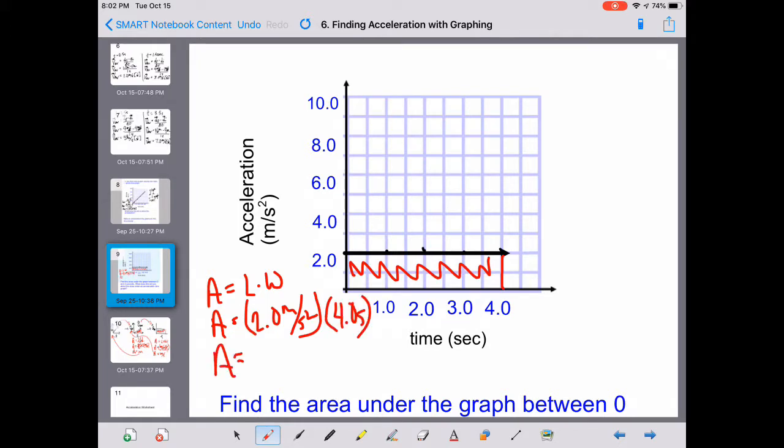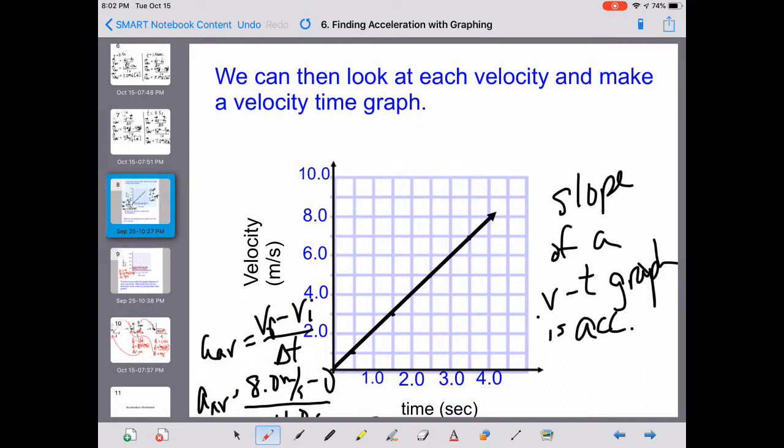The seconds units cancel, right? One with one of them gives us 8 meters per second. That means at 4 seconds, I should be at 8 meters per second. And sure enough, if I go back and look at our graph from before, look at this. At 4 seconds, I'm at 8 meters per second.